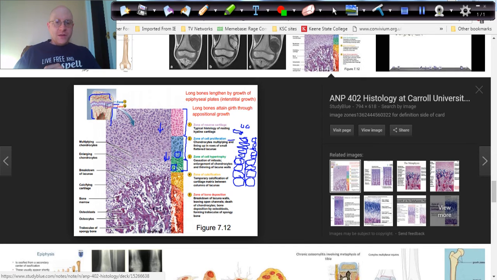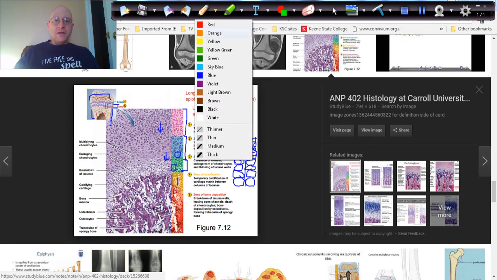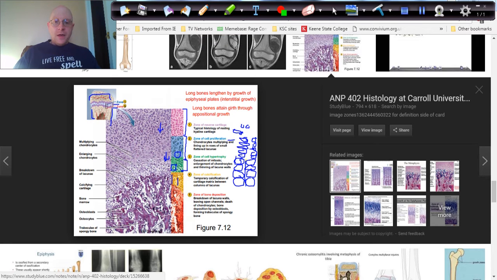After the zone of cell hypertrophy, we see in the zone of calcification that calcium deposits are going to appear, but not on the cartilage cells, on the remaining matrix that's between the cell columns. So if I draw that in yellow, like this, here's where the calcium is going to deposit, in between the columns of lacuna, the chambers that the chondrocytes are sitting in.